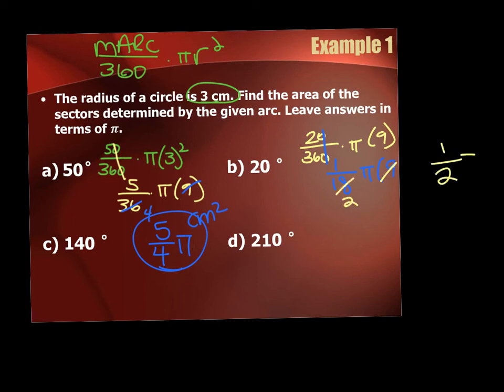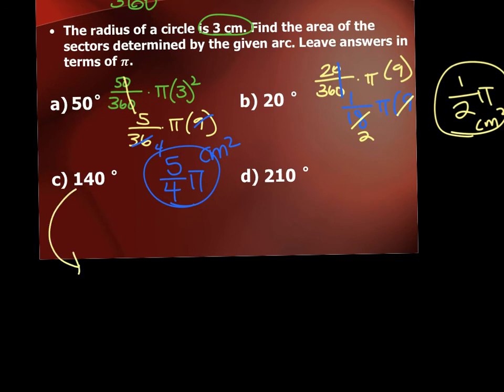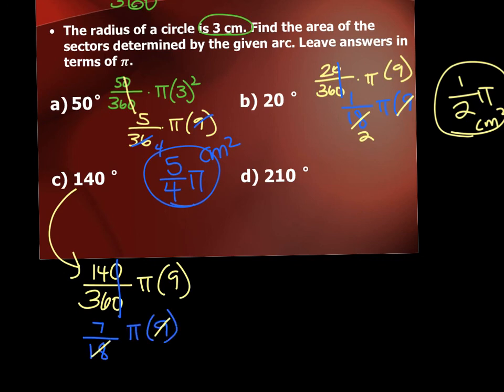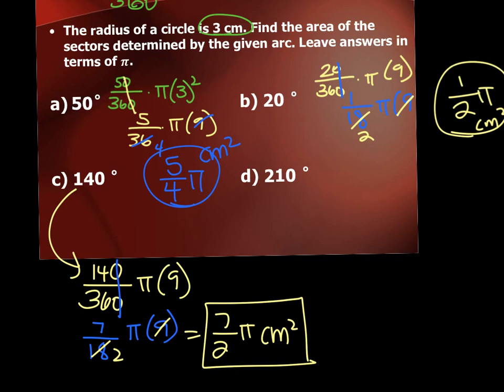So this is 1/2 pi, or pi over 2 centimeters squared. Area would do centimeters squared.